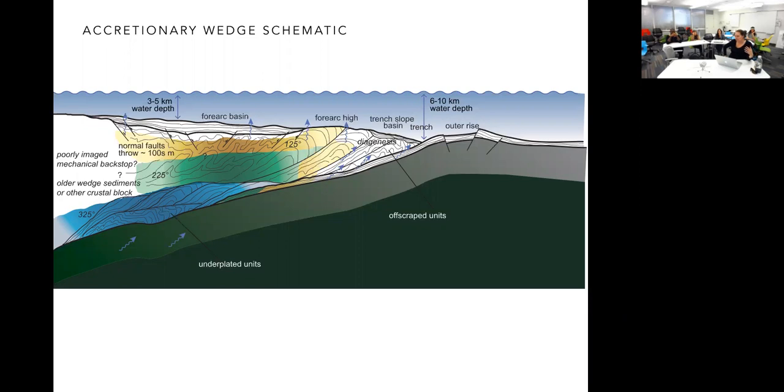Conditions that might cause that would be things like subduction of a seamount or an oceanic plateau, something that can act like a buzzsaw and tear away at the bottom of the accretionary wedge to remove material. If you remove material there, then you would expect that accretionary wedge to go into subsidence, and then the forearc basin would develop over the removed material. Those are some of the mechanisms that might cause it. I'm sure there's others as well.